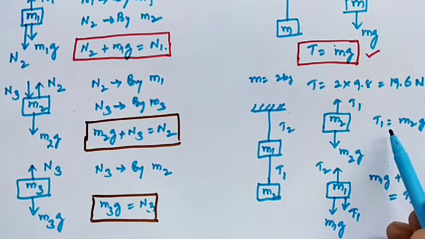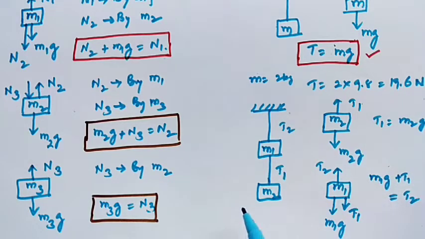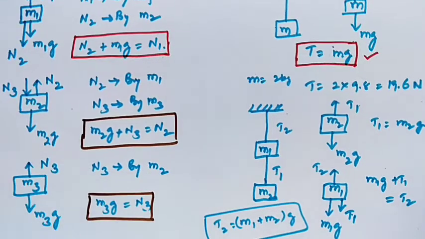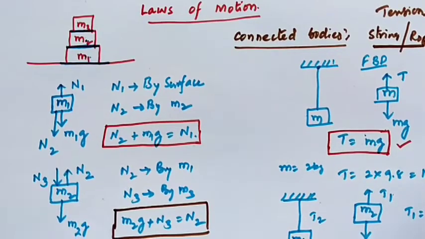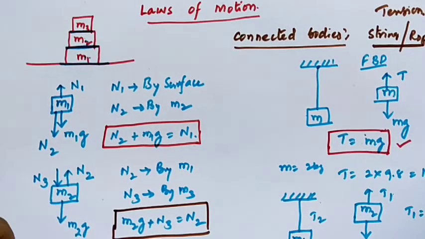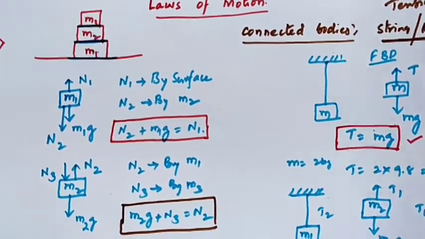Here we have already calculated T1, so T2 can be written as M1 plus M2 of g. Finally we get the equation. Very simple. First you need to identify how many forces are acting on it and their direction. Now let us see one more situation.